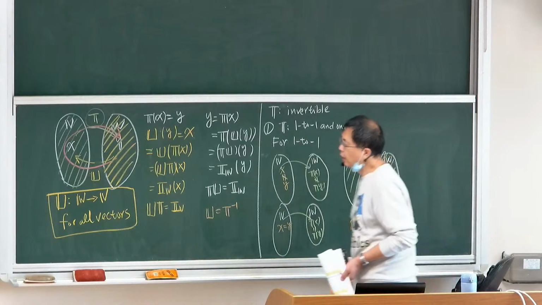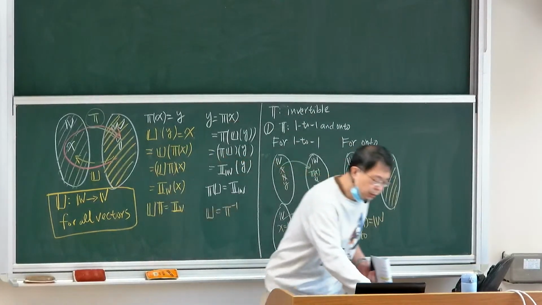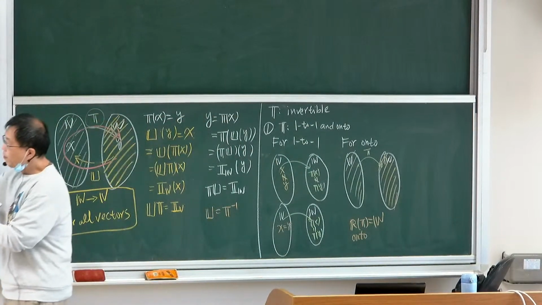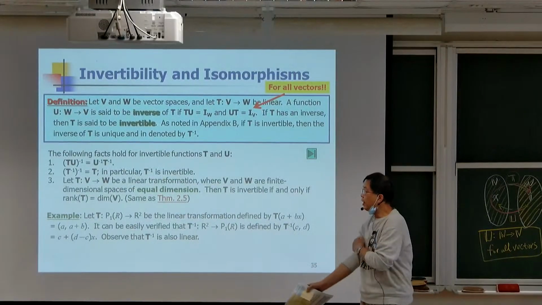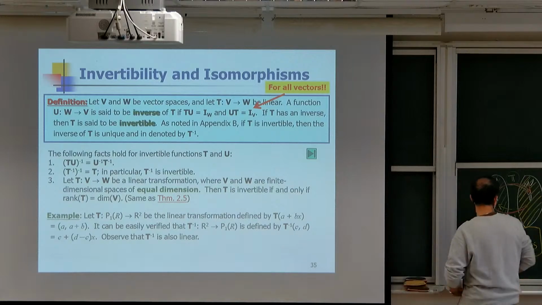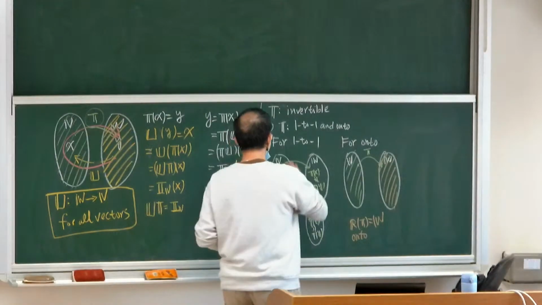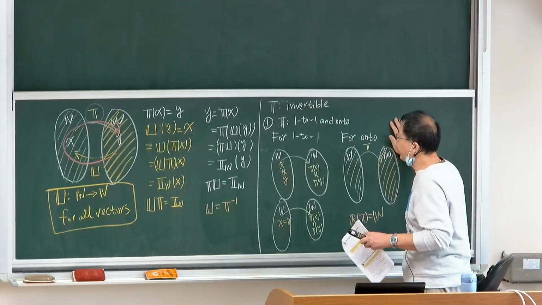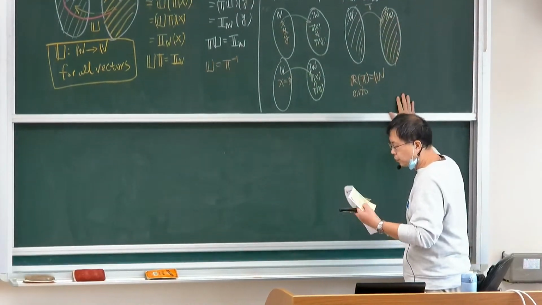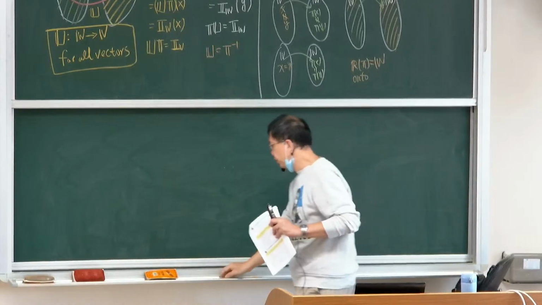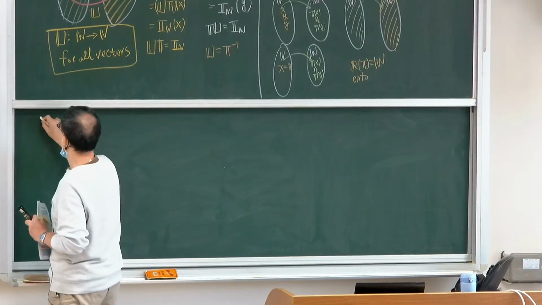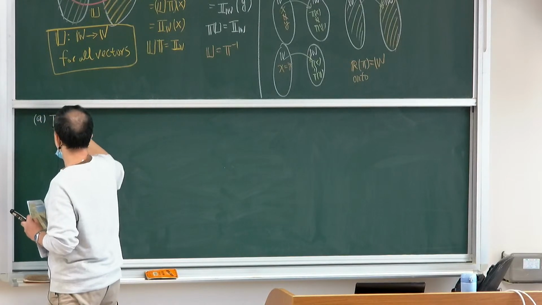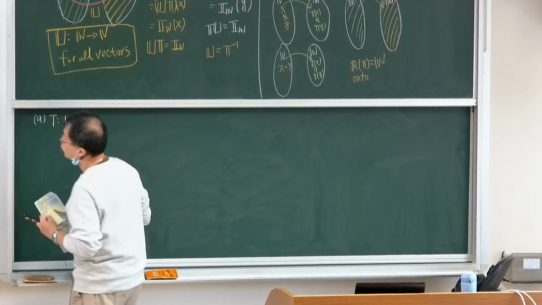Okay, so right now, for this invertible transformation, if T is invertible, then we need to prove that T is 1 to 1 and on to. So we first prove that T is 1 to 1.